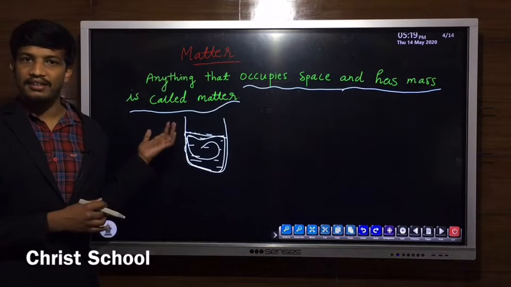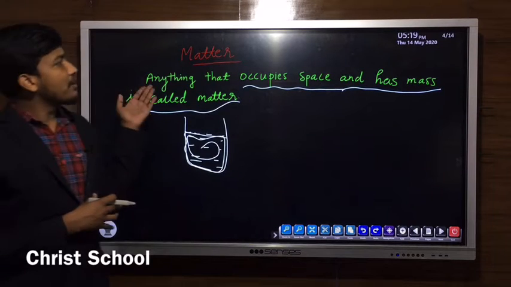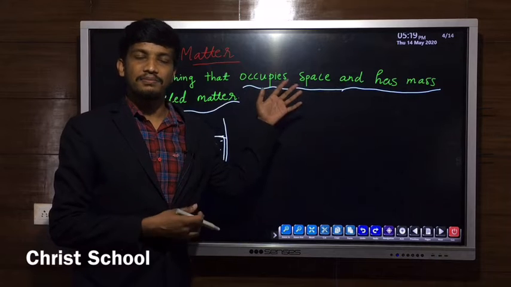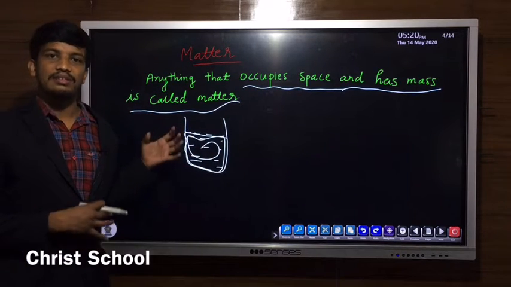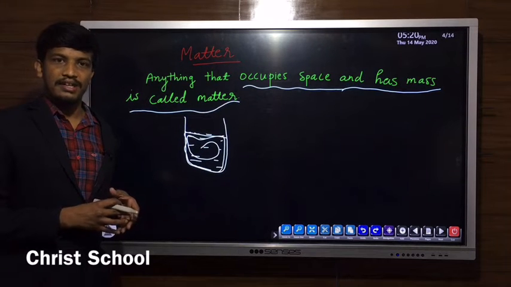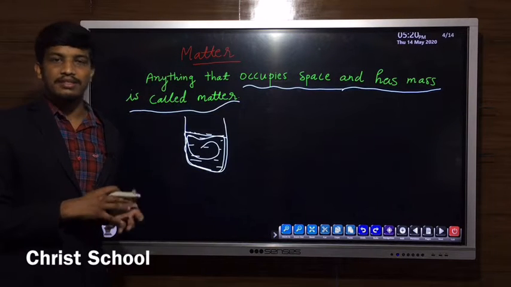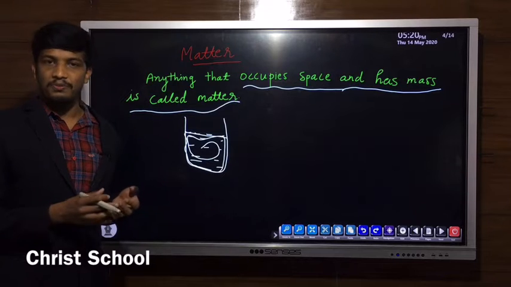Now what about air? See, air is also matter, so it should occupy space and also it has mass. We know that in the case of an inflated balloon, the air fills the space inside the balloon and we get an inflated balloon. So that means air occupies the space inside the balloon when you expand the balloon. So air occupies space.